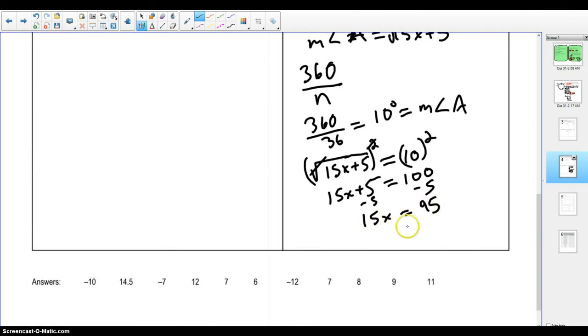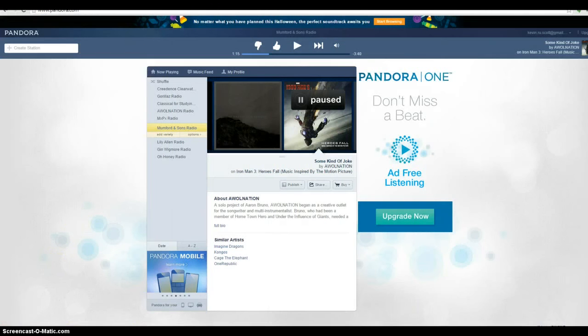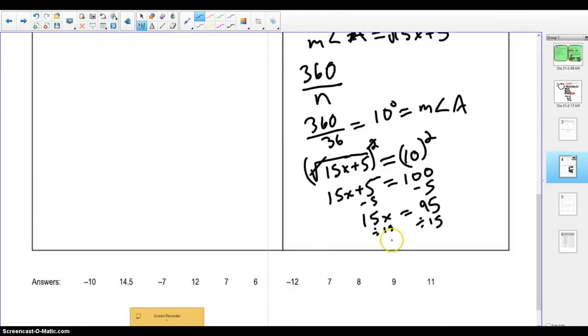And then divide both by 15. Back to my calculator. So we do 95 divided by 15, and we get 6 1/3. So x equals 6 1/3.